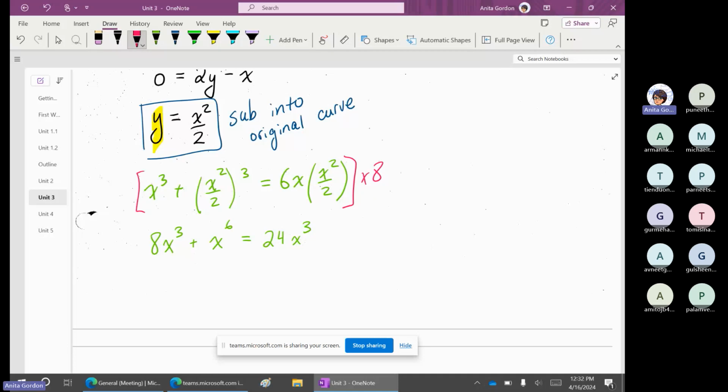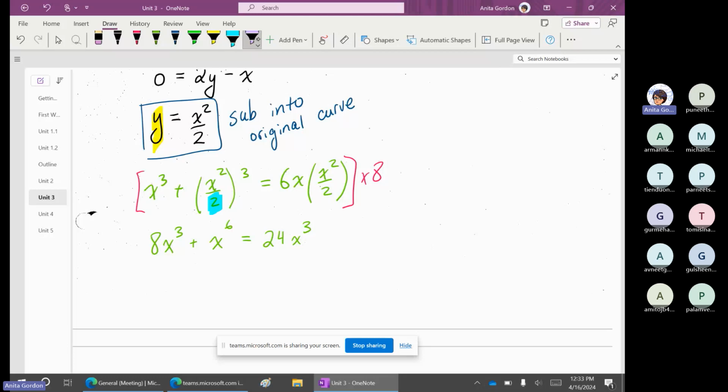Okay, so I'm getting rid of the denominator, but I have to get rid of the highest common denominator, right? This one is 2 cubed, which is 8. So I have to multiply everything by 8. Are we okay? I can move on? Okay.